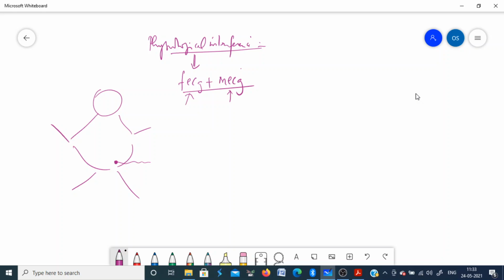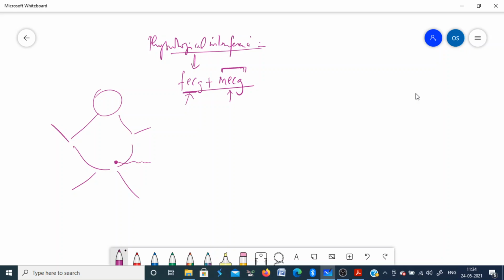Now in this case, if you want to extract the fetal ECG, your maternal ECG is noise for you. And you will see that there is an overlap between these two signals, fetal ECG and maternal ECG, in time as well as in the frequency domain.